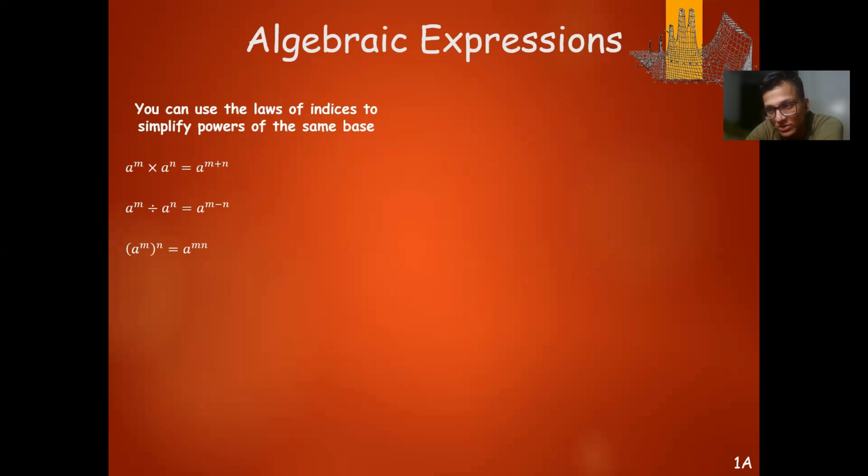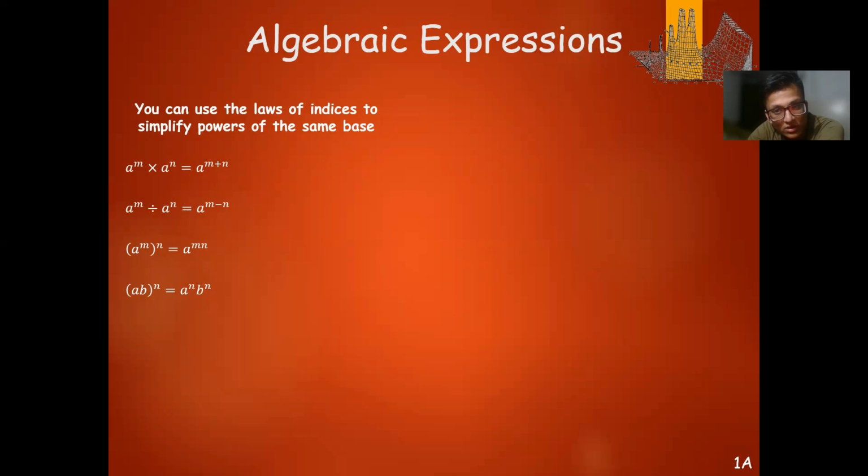Moving on, this is the power rule. So a power m whole raised to power n is essentially a product of the powers. So it's going to equal a power m times n. Lastly, if we have ab raised to n, where a, b are unknown variables, it will equal a power n times b power n.